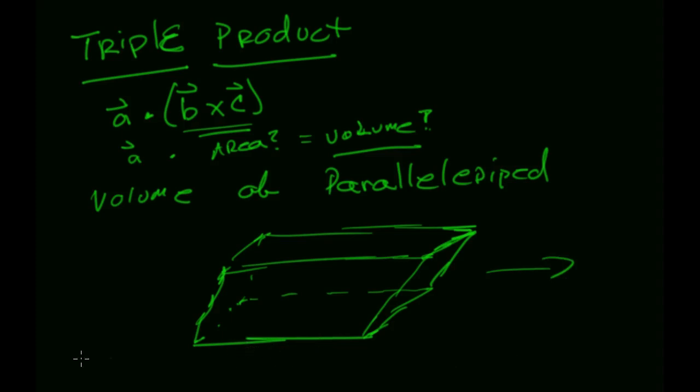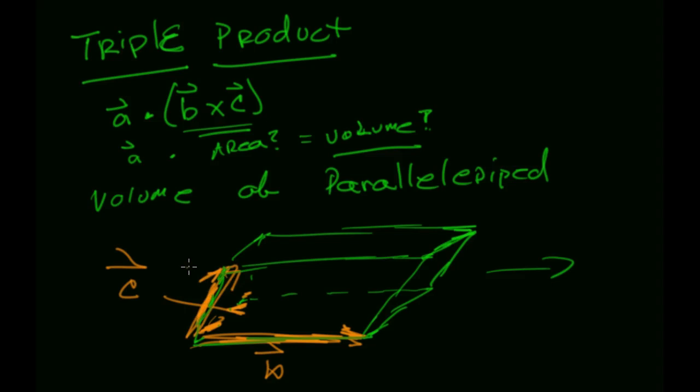You can describe a parallelepiped using three vectors. You can have a vector here and a vector here, so let's call this B, and we're going to call this one C. And then you've got a third vector coming up here, which we'll call A. If I use those three vectors, A, B, and C in 3-space, I actually know the shape of this parallelepiped.